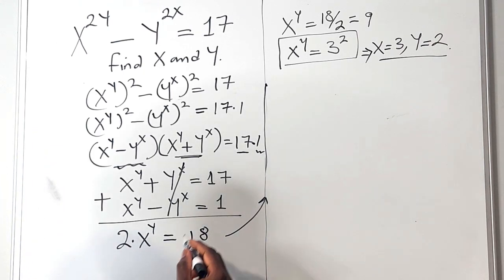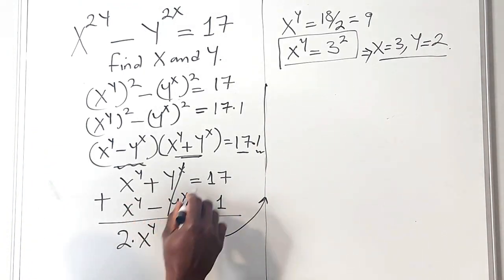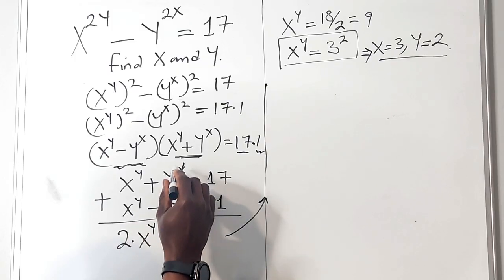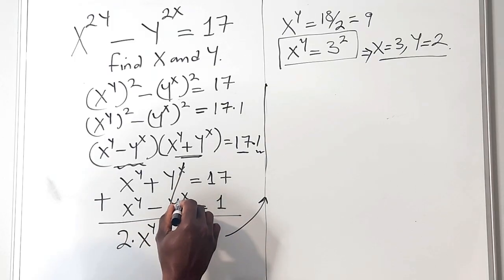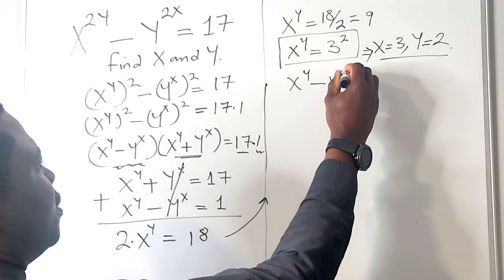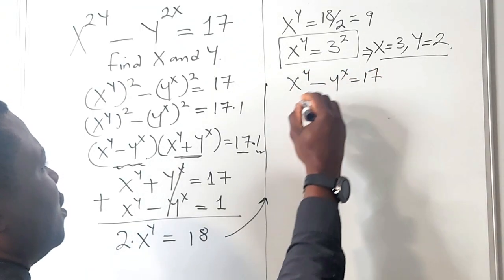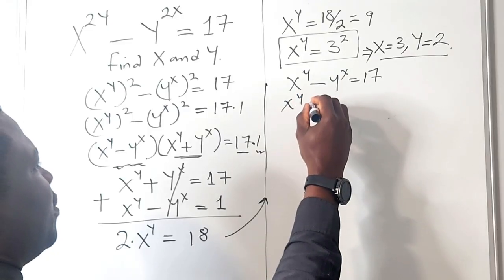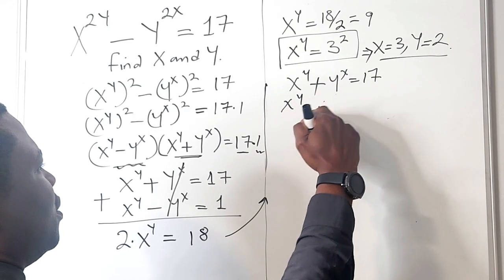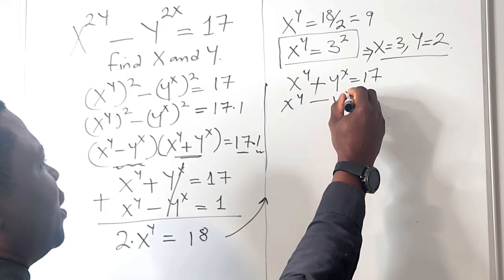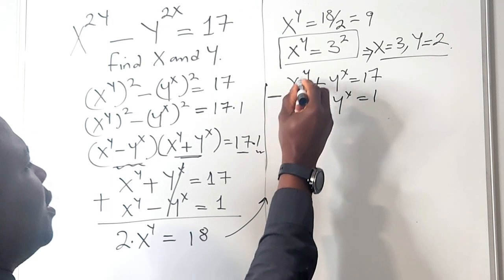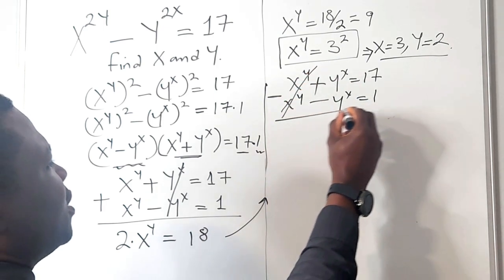Now, let's go back to our equation and try to find the value of y raised to the power x. So this becomes x raised to the power y plus, sorry, it goes there, y raised to the power x equals 17, and x raised to the power y minus y raised to the power x equals 1. If we subtract, then we can cancel that one out.